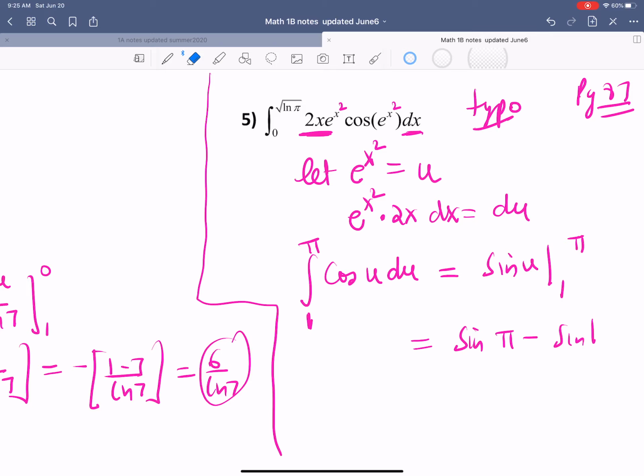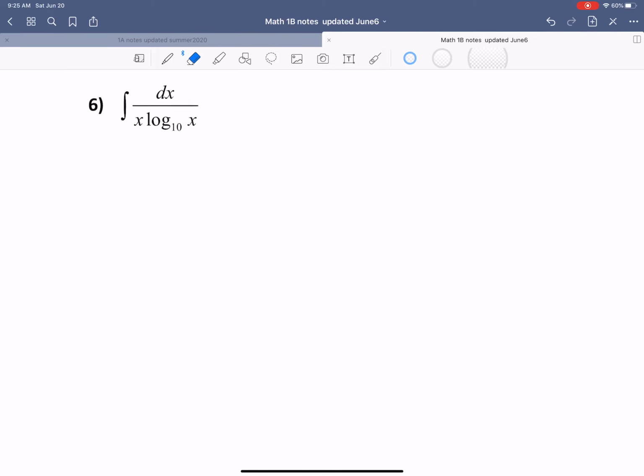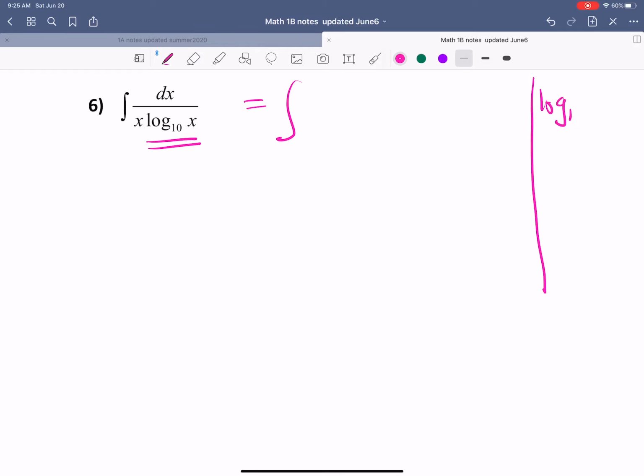Okay. So next problem, here we have number 6, dx over x log to the base 10 of x. First of all, I'm going to write log to the base 10 of x in terms of natural log of x. If you remember from college algebra or intermediate algebra, you can write log to any base in terms of natural log.